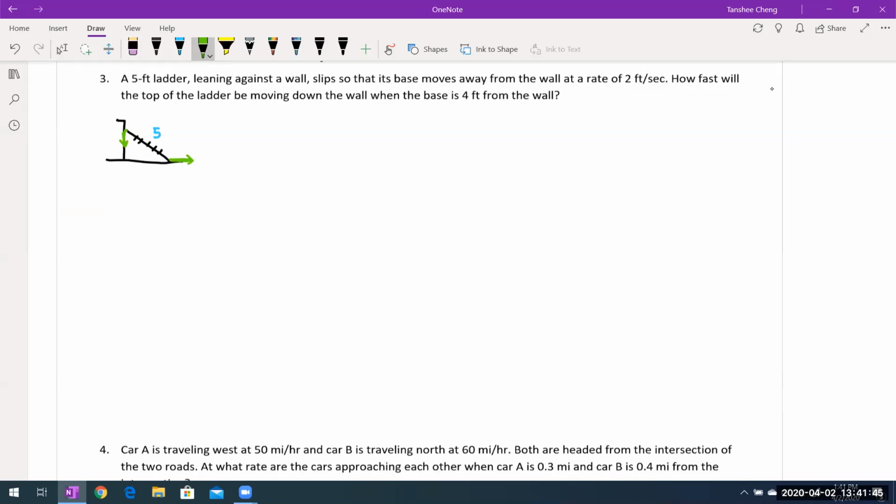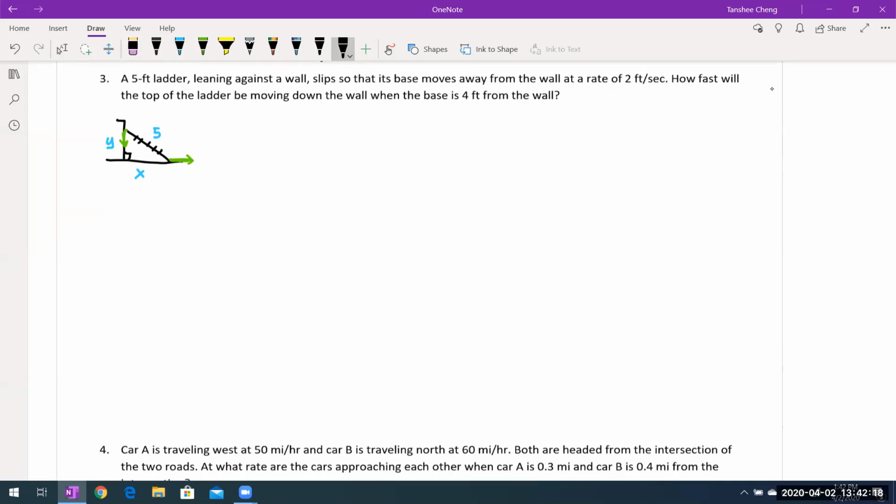So that basically tells me this length right here is going to be changing. Therefore, I will call this length x. That will be a variable. And because the top of the ladder is also falling down, the height is going to be changing also. So I will call this my y.